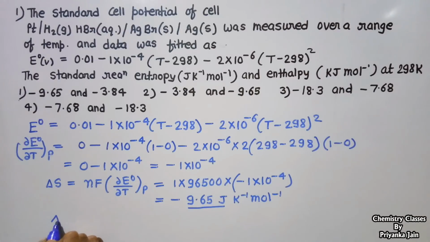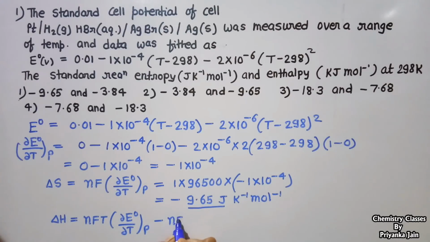Then we have to find the change in enthalpy. For this, the formula is nFT dou E naught upon dou T at constant pressure minus nFE naught.